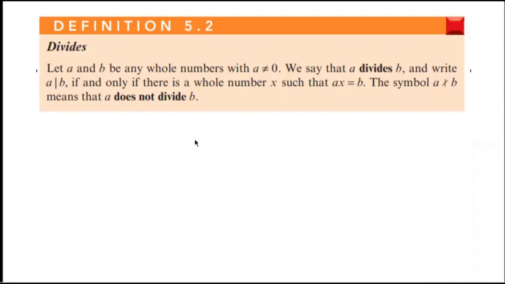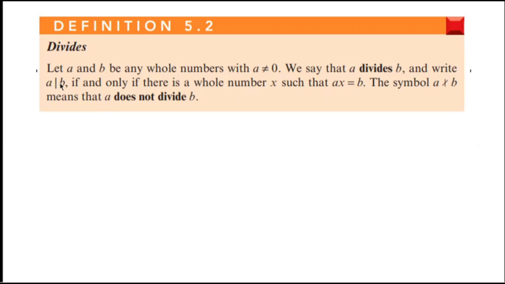So, next definition, 5.2, yung tinatawag nating divides. Let A and B be any whole numbers with A not 0. We say that A divides B and write A, para siyang merong single parallel B, or itong symbol na to ay pwede natin basahin as divides.